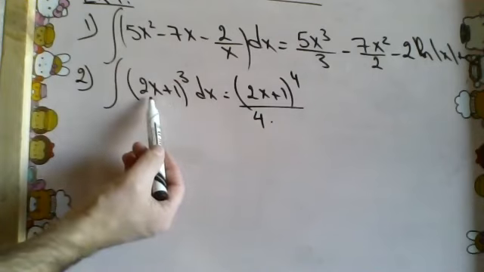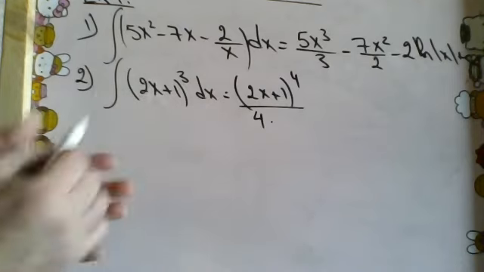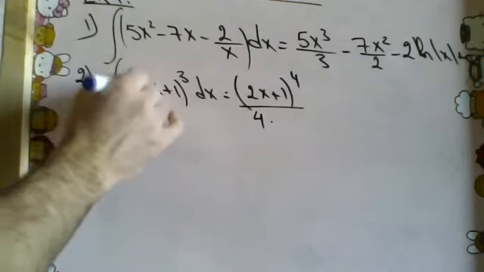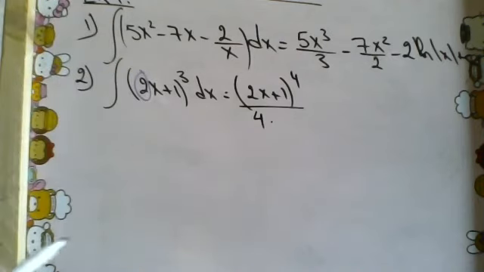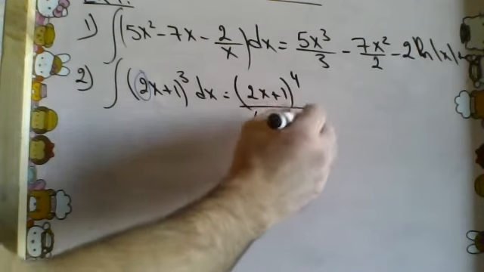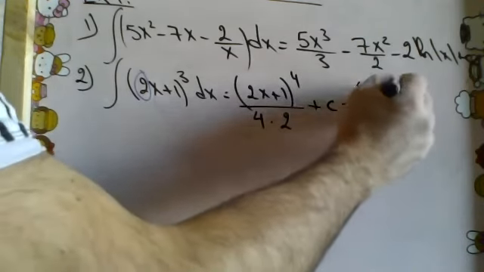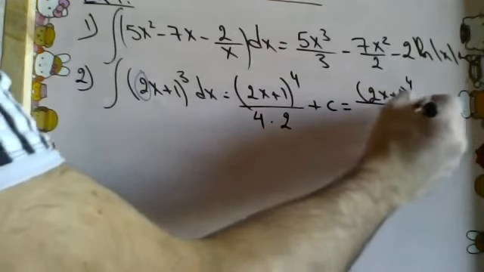The coefficient times 2x plus 1, only the coefficient of x, 2, times 2 plus constant c. It's equal to 2x plus 1 to the power 4 over 8 plus constant c.